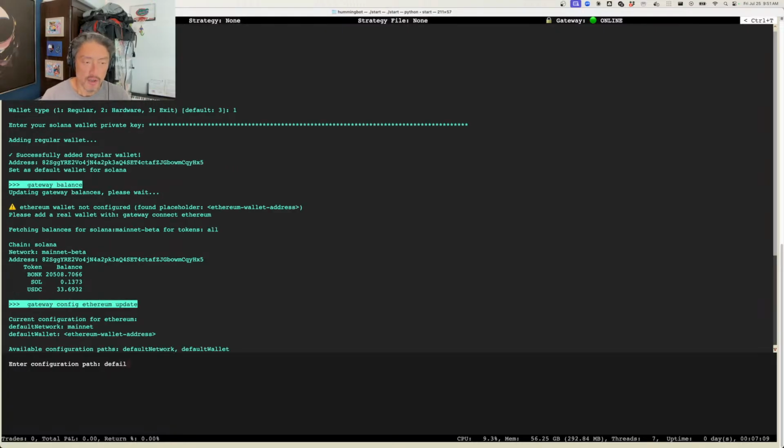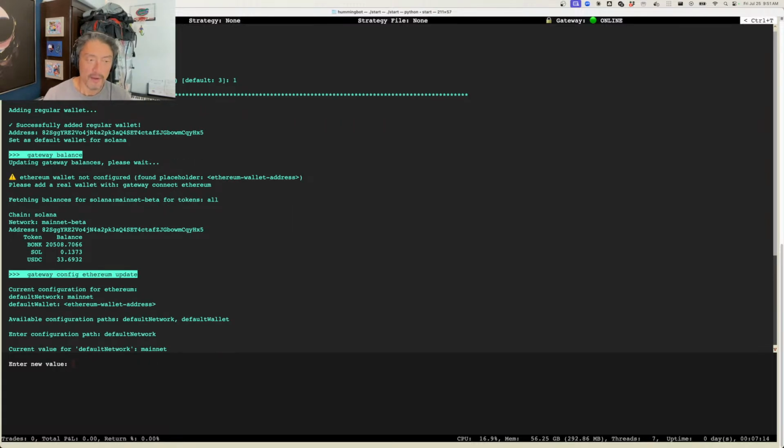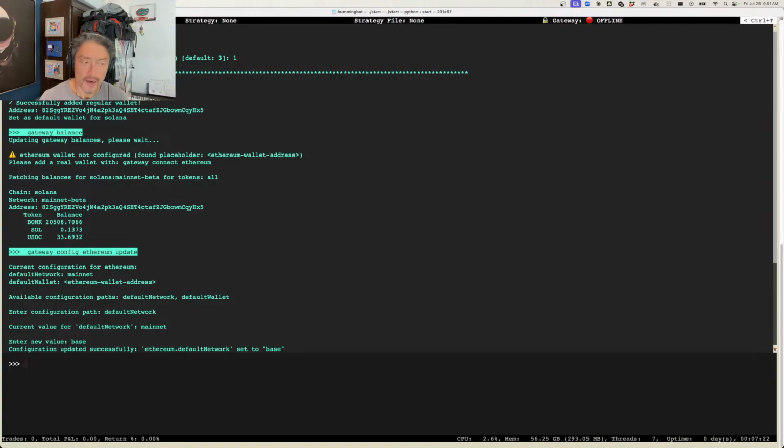Currently, and by default, it'll be mainnet. But we can choose any of the Ethereum networks that are available, so we can use Base for that. We'll probably add a completer for this so you can see what options are available in the future. But yeah, you can set that, and now in the future, once you're running this, you'll use Base.